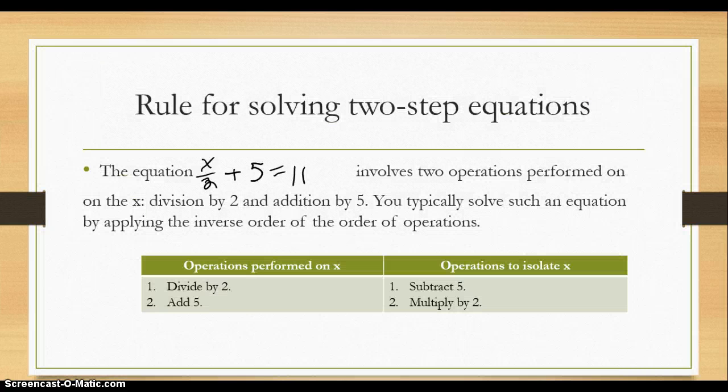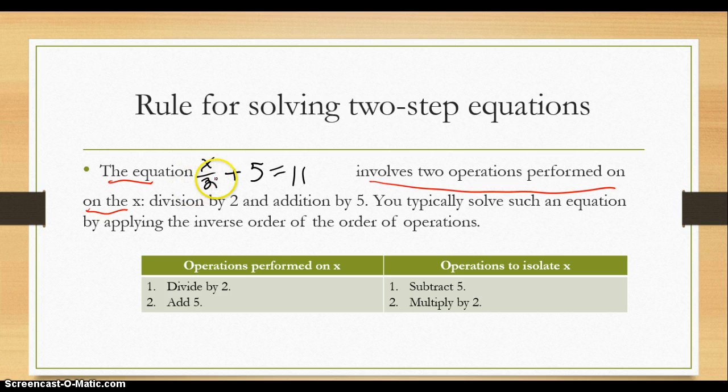The rule for solving two-step equations. The equation x over 2 plus 5 equals 11 involves two operations performed on the x.